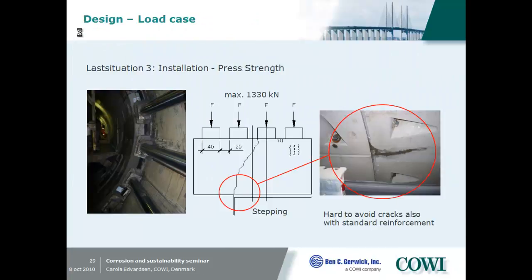And here is the load case which we investigated. Very often, during the installation of the segments, we have high pressure due to the forces from the tunnel bore machine. And we made some calculations to avoid cracking in this direction.